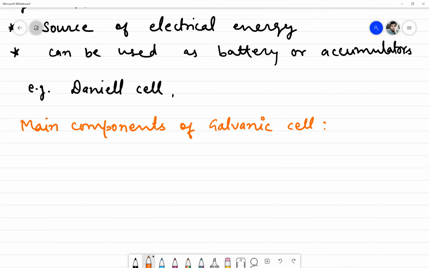So to understand the structure or composition of a galvanic cell, I would like to take the example of the Daniell cell. So how to construct a Daniell cell, which is an example of a galvanic cell?